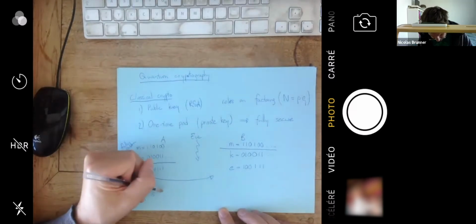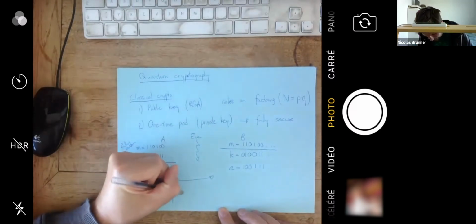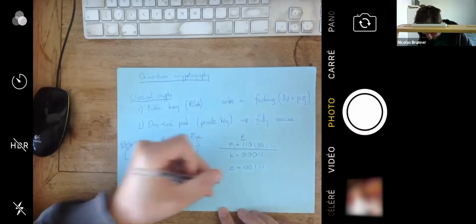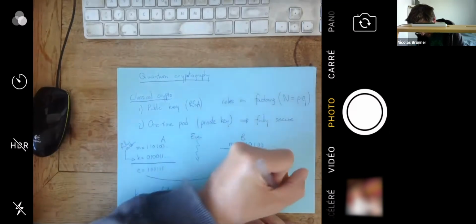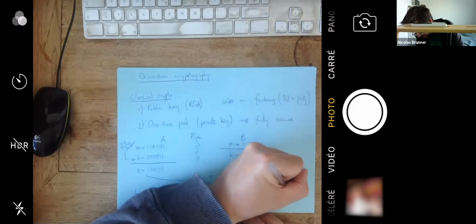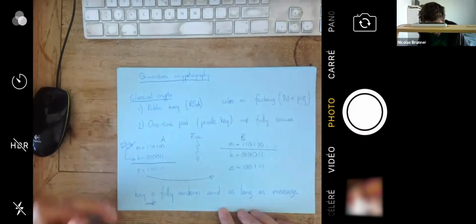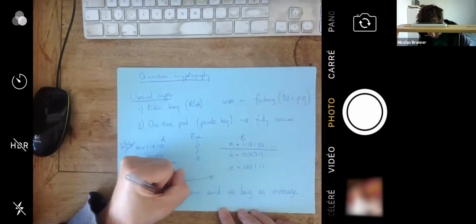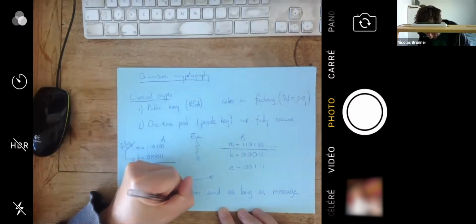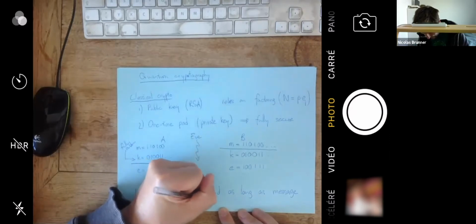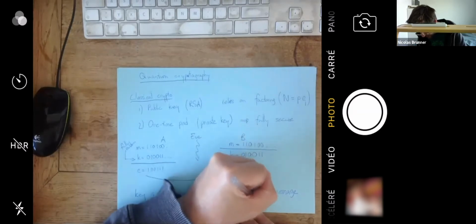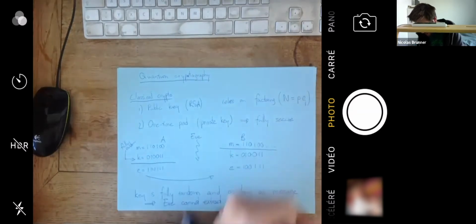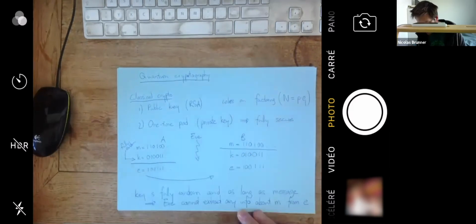So here, because the key is fully random and as long as the message, from this it follows that Eve cannot extract any information about the message M from the encrypted message. Okay?